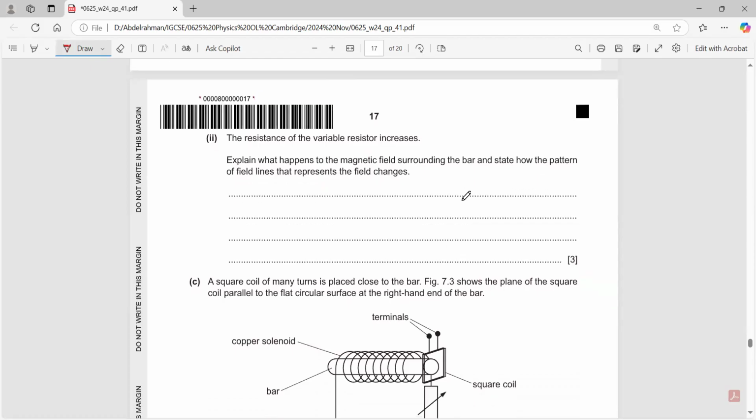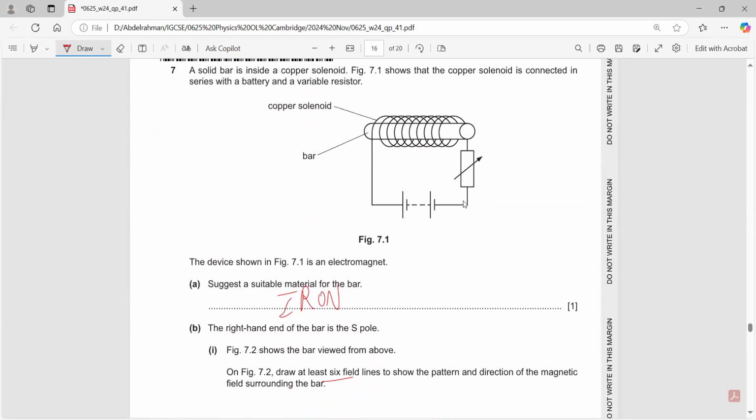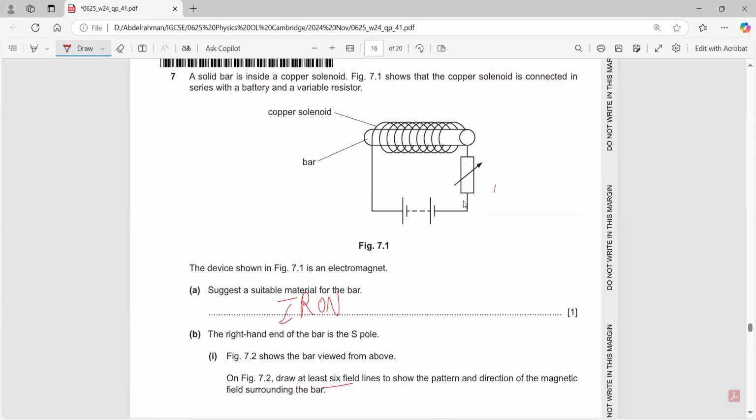The resistance of the variable resistor increases. Explain what happens to the magnetic field surrounding the bar and state how the pattern of the field lines that represent the field changes. Let's take a look again at our circuit. This is the variable resistor. As the resistance increases, what happens to the current in the circuit?